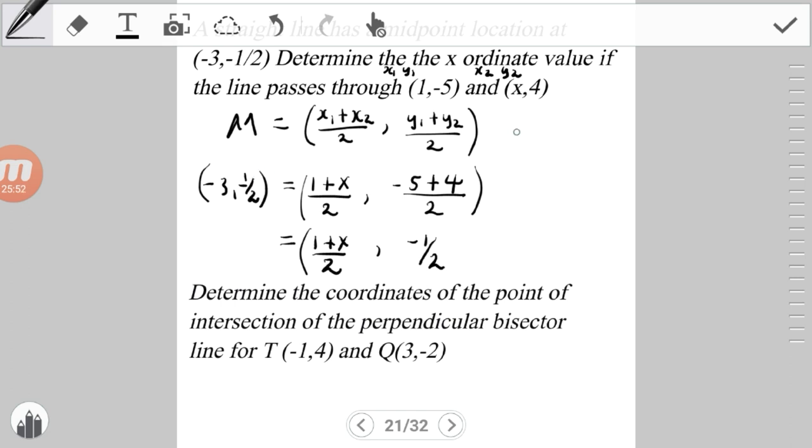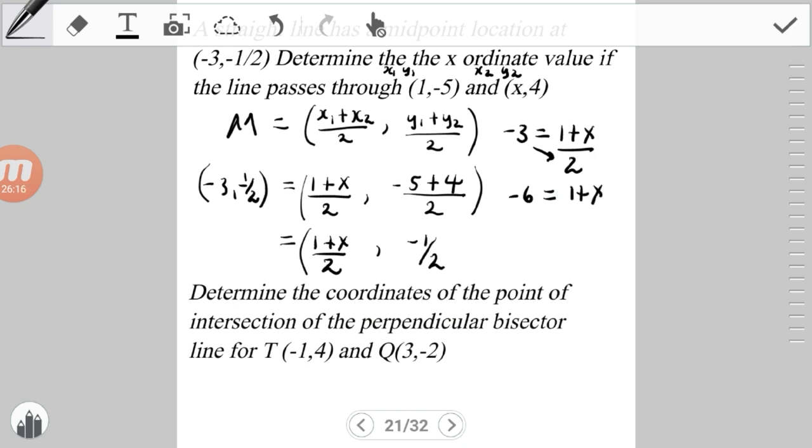So therefore, we can set up an equation and we can say minus 3 is equal to 1 plus x over 2. And we can solve that equation to find the x-ordinate value. So by cross multiplying here, we'll find that minus 3 times 2 is minus 6, and that's going to be equal to 1 plus x.